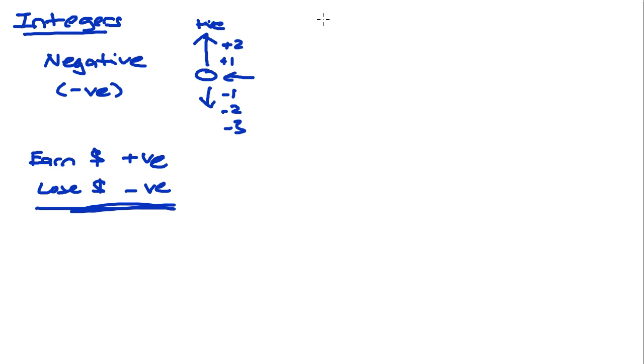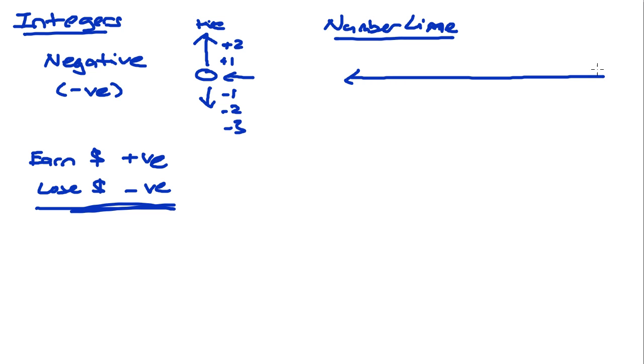One way that we can represent positive and negative numbers is through what we call the number line. This will give you a better idea of how the numbers, positive or negative, stand, or which one is bigger, which one is smaller.